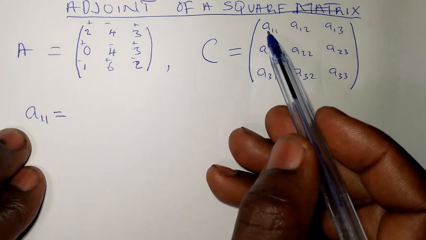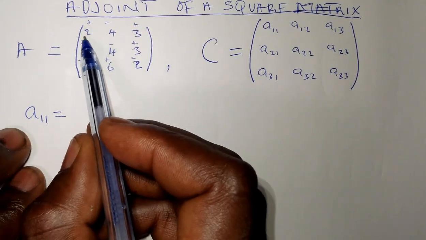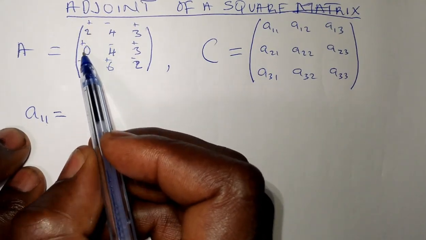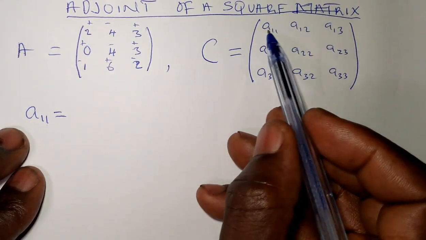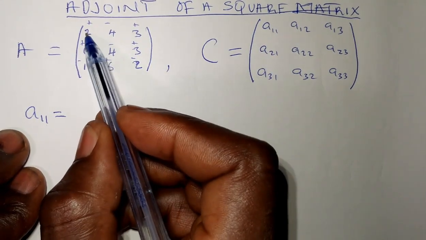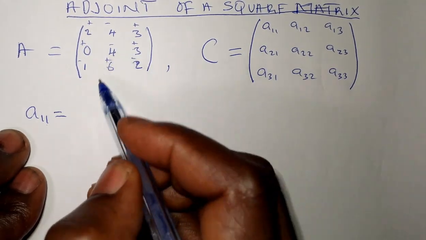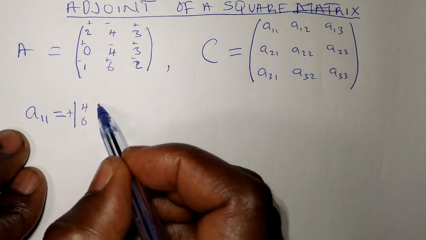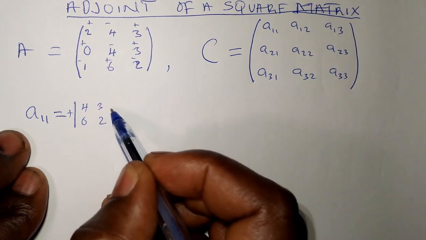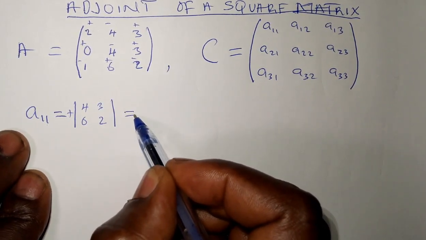A11, which is this, and then taking this one here, we eliminate this and we eliminate this. Why? Because the position of 2 and A11 is the same. So when we eliminate this and we eliminate this, we are left with plus 4, 6, 3, and 2. So let's find the determinant of this.